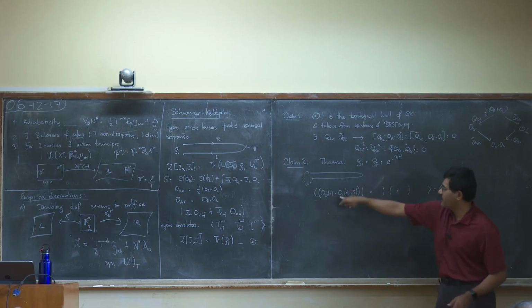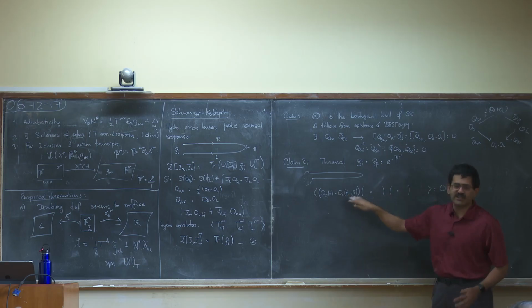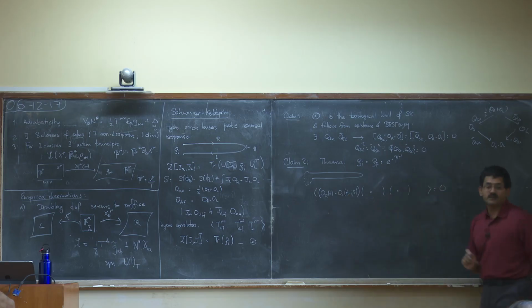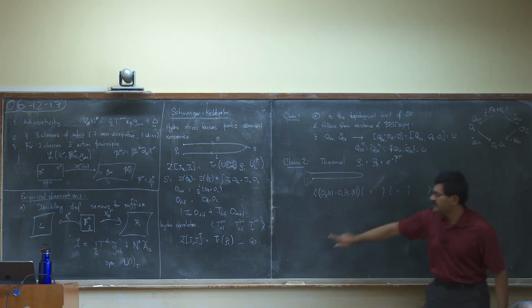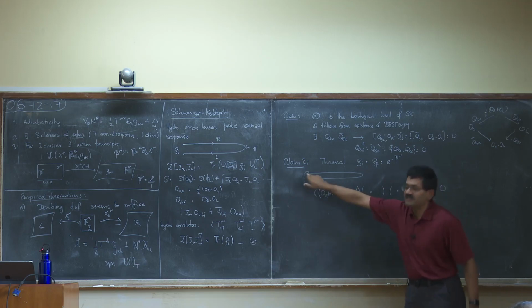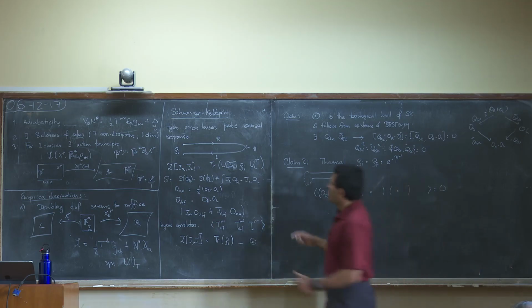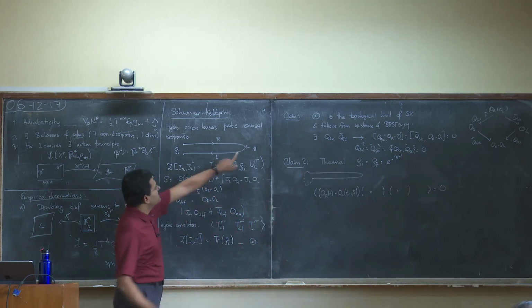This is not the same operator as this. This could be some other operator, but the structure has to be the same as this. These are 0. If I forgot about the i beta, that's the statement you'd get from here. There's a new statement which comes from this end of the contour. In other words, you see, the reason you got this statement was because there was an identity here.